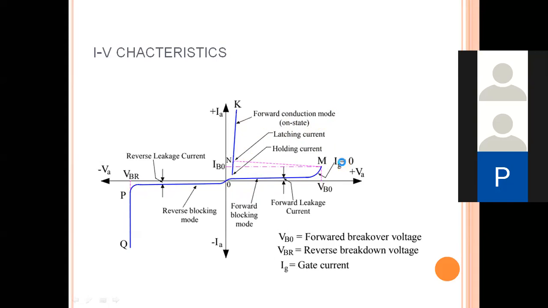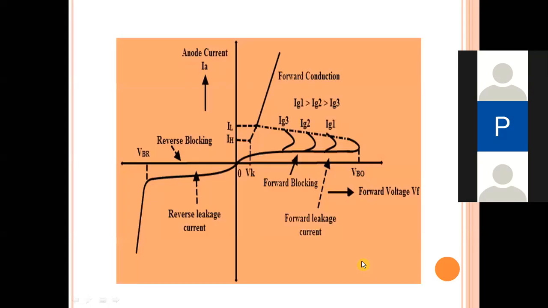Here you have two more parameters, as I stated earlier, along with VB0 and VBR. Those are related to the current: IL and IH. What is IL?